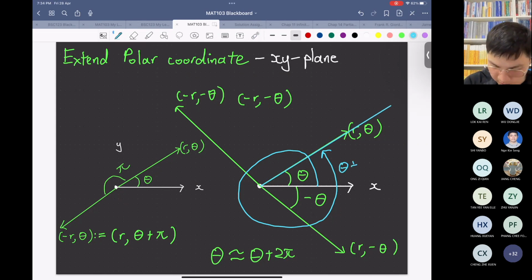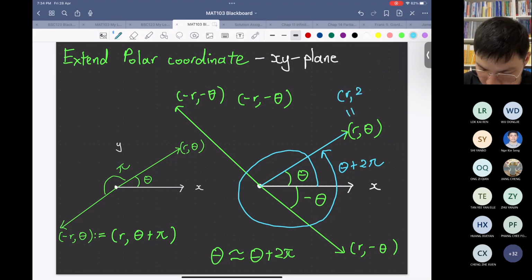Theta plus 2 pi. So this is a bit too long, let me remove it. So here, this one equals r, theta plus 2 pi. I think this is all the relations you need.